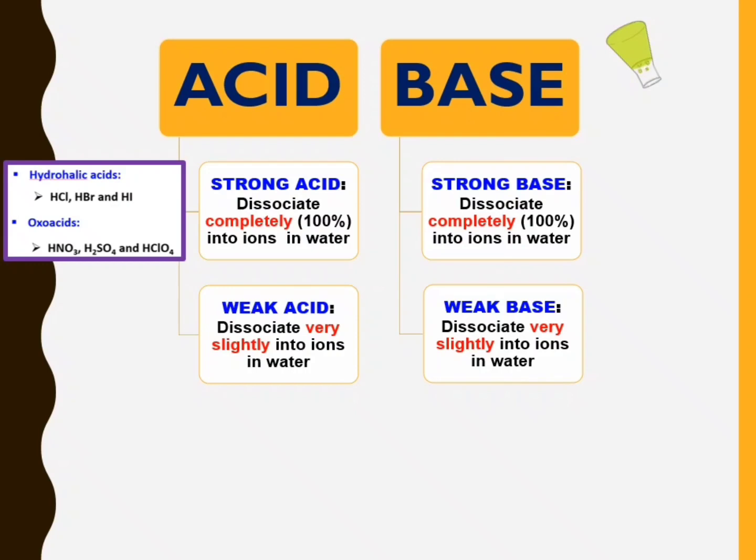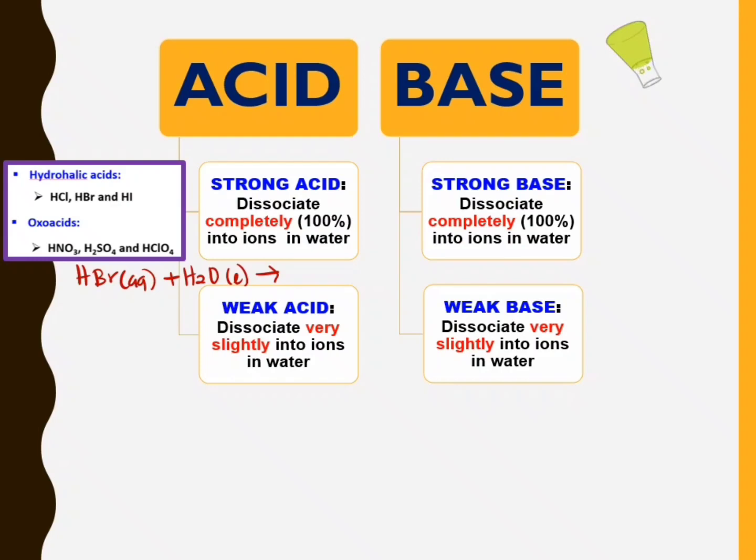Okay, for strong acid and strong base, if you write the equation, for example, I take the hydrogen bromide, aqueous, when it react with H2O, so this is strong acid. Okay, so bila strong acid, it will dissociate completely in water. So sebab tu kita akan guna arrow yang straight tu, arrow yang biasa.